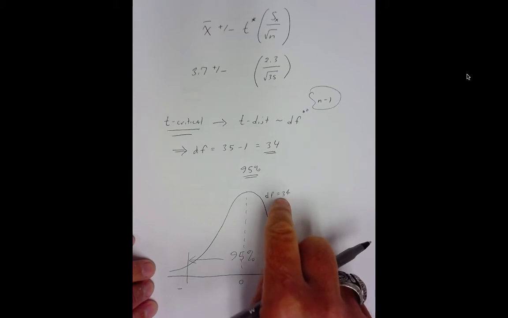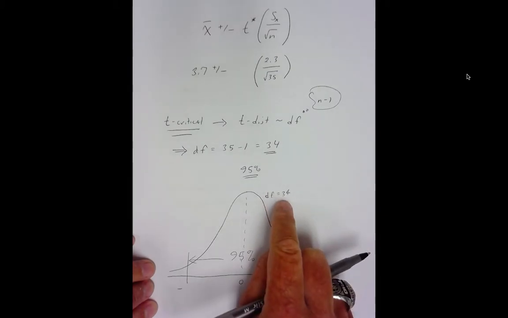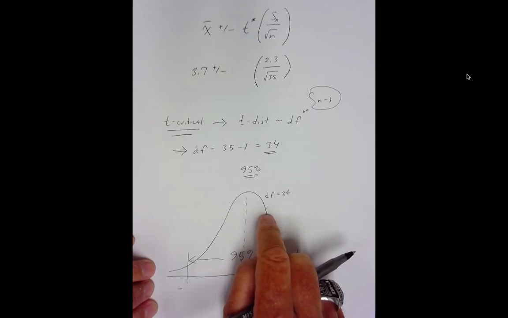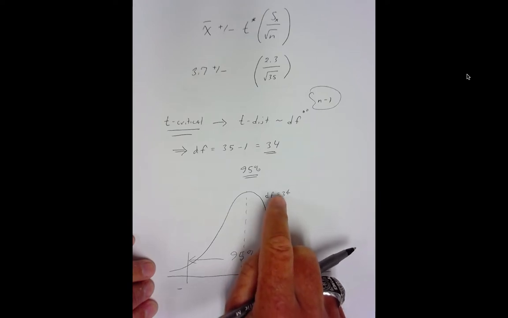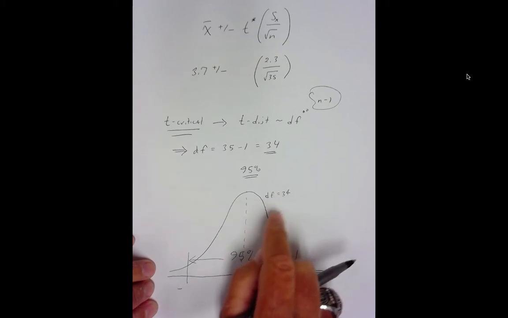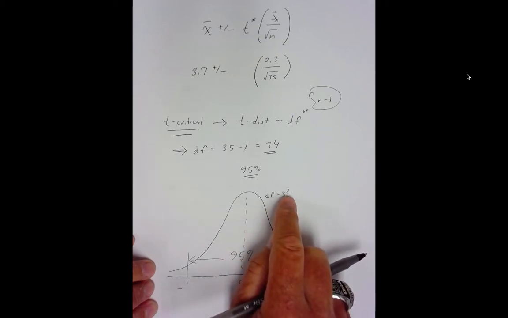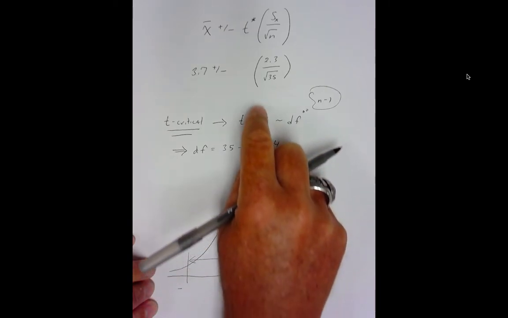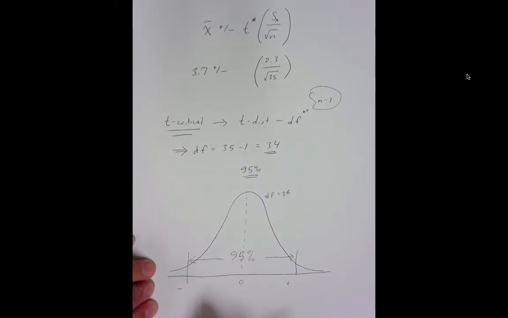But we want it for this t distribution that has degrees of freedom 34. This is a unique distribution, different than the normal distribution. It's different than degrees of freedom of 12 or 35 or 36. It's not going to vary much from 36. But we want it for this specific distribution that models our problem.